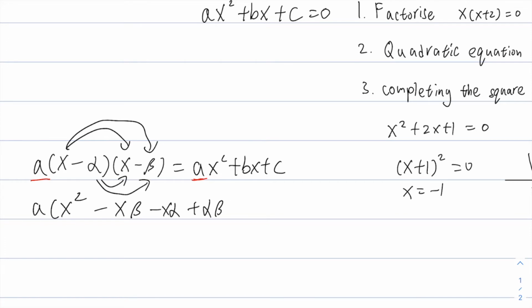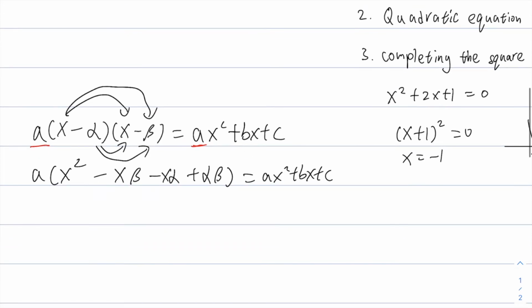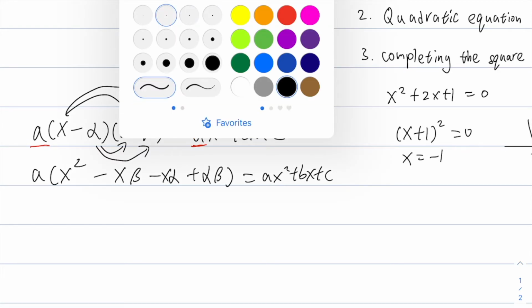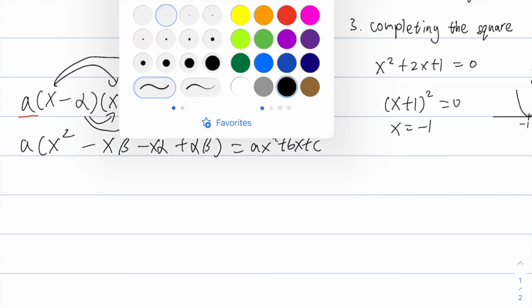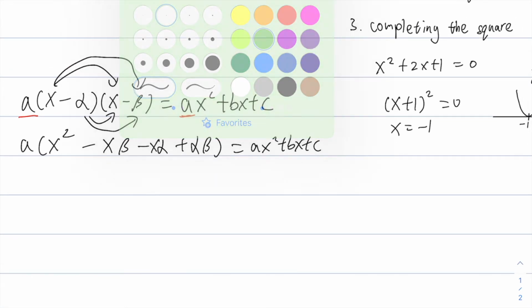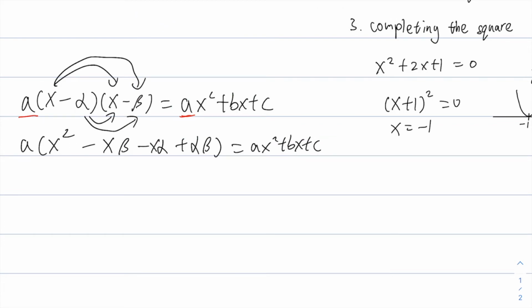That's equal to ax squared plus bx plus c. We want to group the like terms together, because that's just how mathematicians like, because they're lazy.